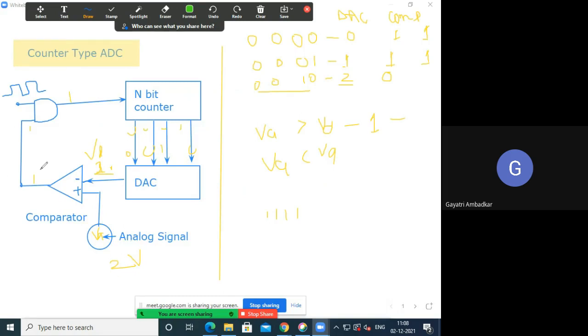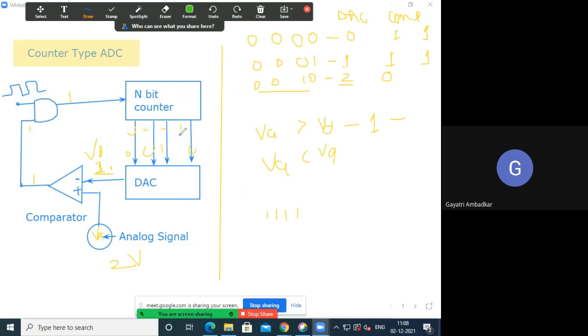Once again revise. So we are using a AND gate which is passing the clock signal. So the clock signal to be passed, both other input of this shall be 1. So there is an n-bit counter. The output of n-bit counter is available on these lines, output lines of this counter.